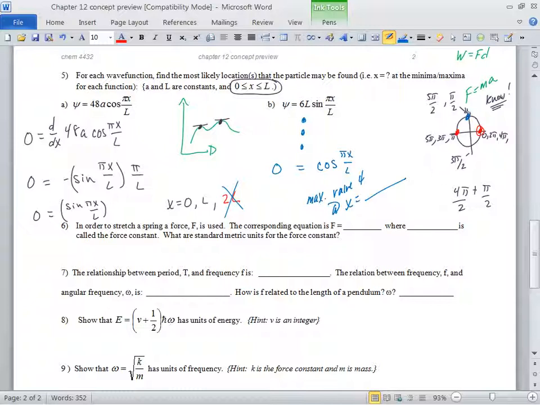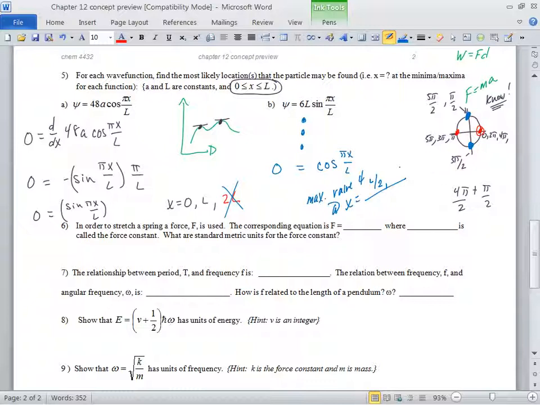We're looking for top and bottom, because that's where the cosine is going to be 0. The side of the triangle is going to be 0 at pi over 2 and 3 pi over 2. So if x is L over 2, you get cosine of pi over 2, which is 0. Okay, that's a good one. Are there any others? Now remember, x only maxes out at L, so is there another one? 3L over 2.